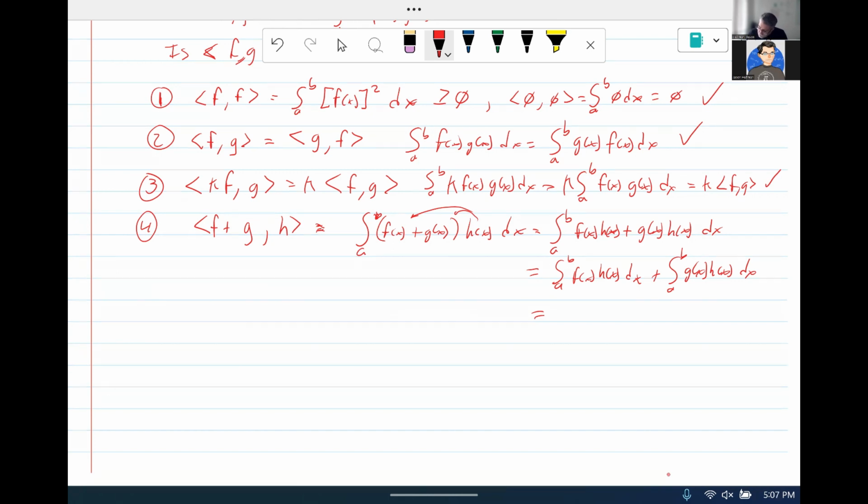So this is equal to, by definition, the inner product of f and h plus the inner product of g and h, which is exactly what we wanted. So that checks. So yes, the inner product of f and g is an inner product in V.